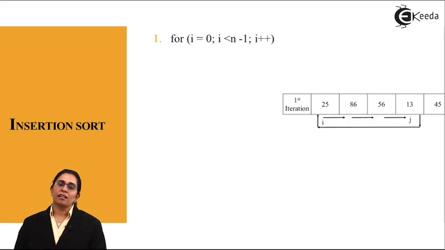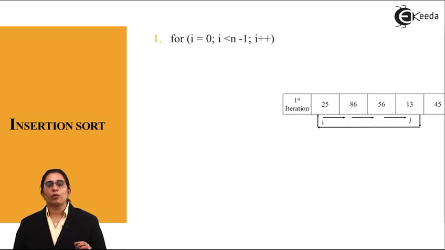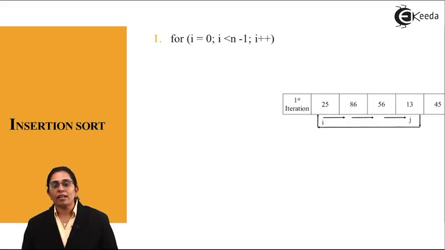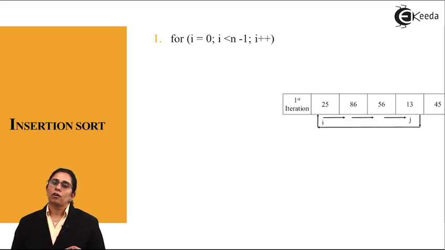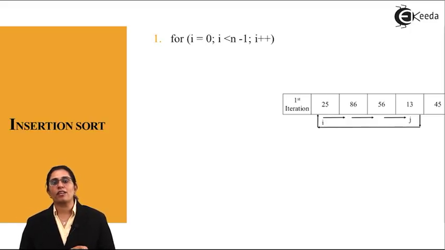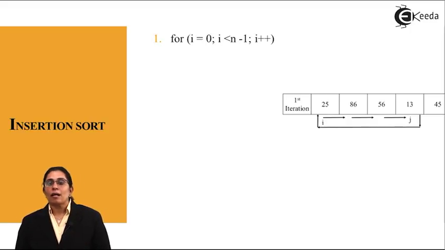If we see the list which is given, the 0th index location is element 25, index 1 is element 86, index 2 is element 56 and index 3 is element 13. Why have we taken it till index location 3? Because my element at index location 3 has to be compared with index location 4.